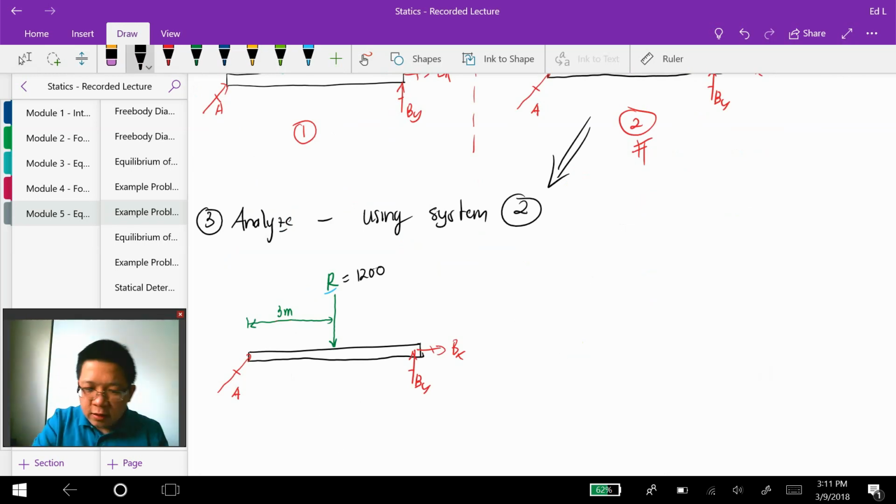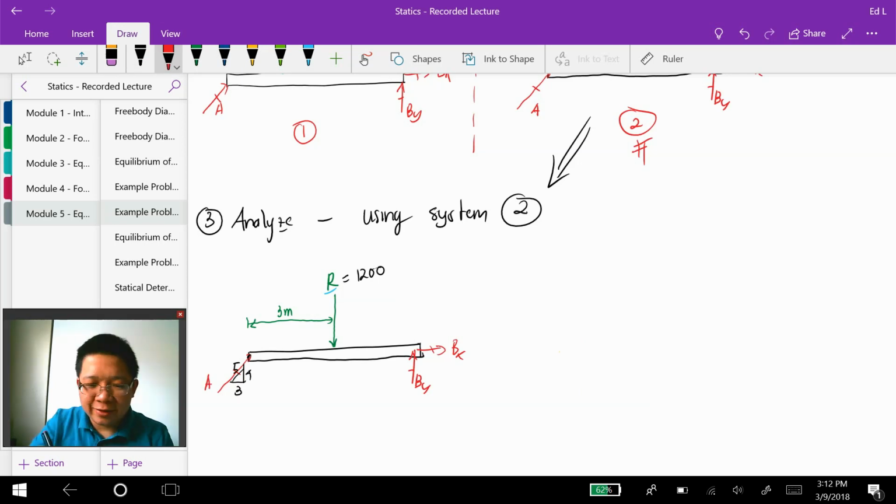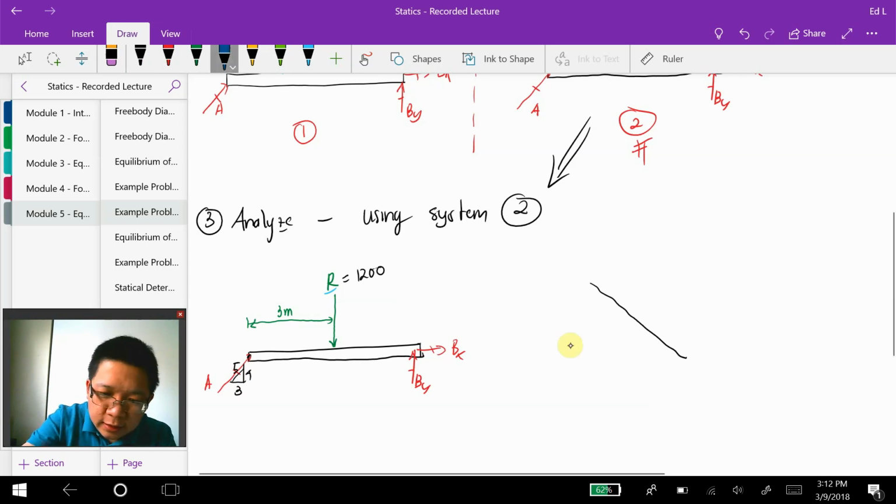The distance to point A is 3 meter, and I hope you have figured out that this is 4, this is 3, this is 5. Why? Let me discuss why. This is the inclined surface, and on the inclined surface we know that this is 3, 4, 5.